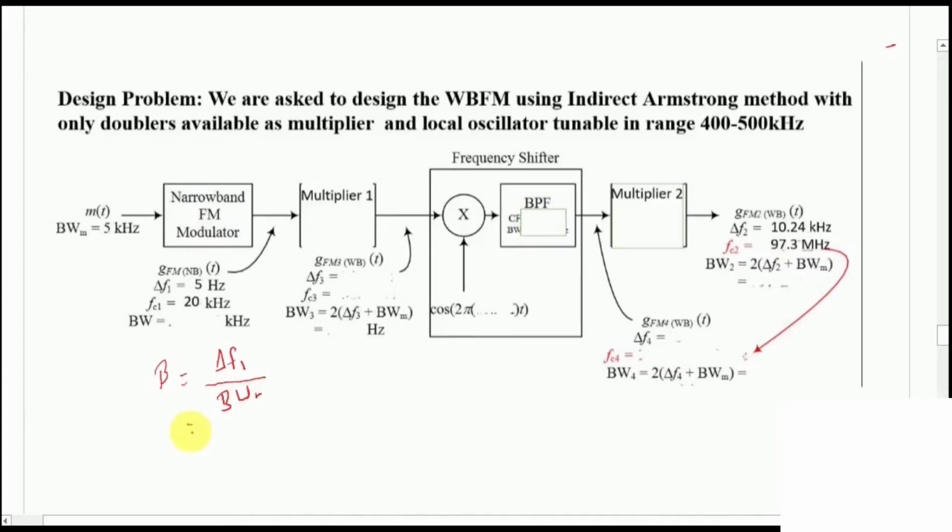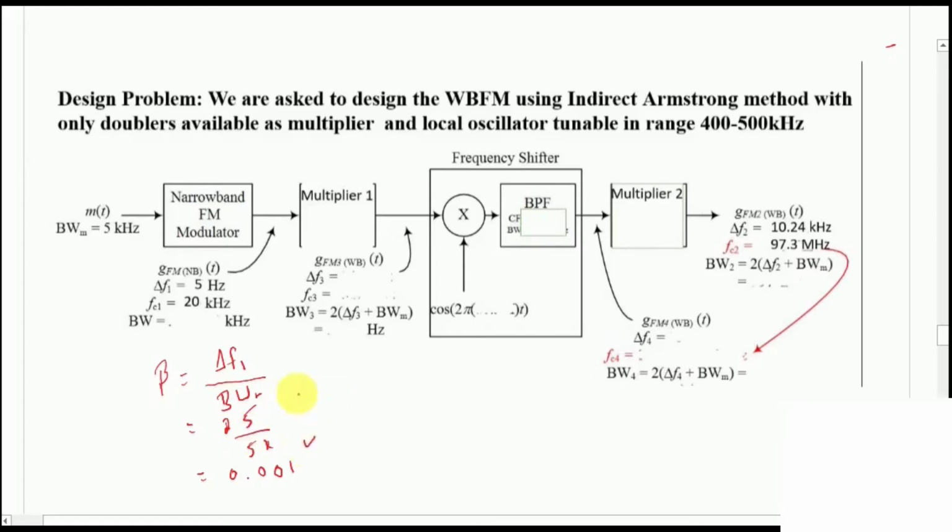So this is 5 hertz divided by 5 kilohertz, which is simply 0.001. If beta is less than 0.3, or much less than 1, then it is a prime example of narrowband FM.